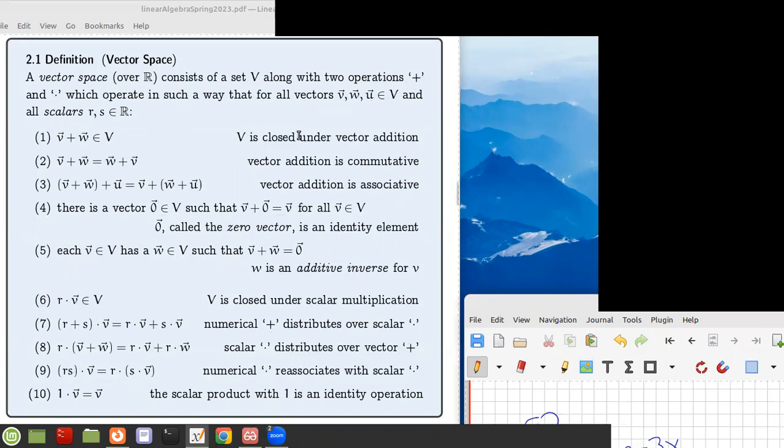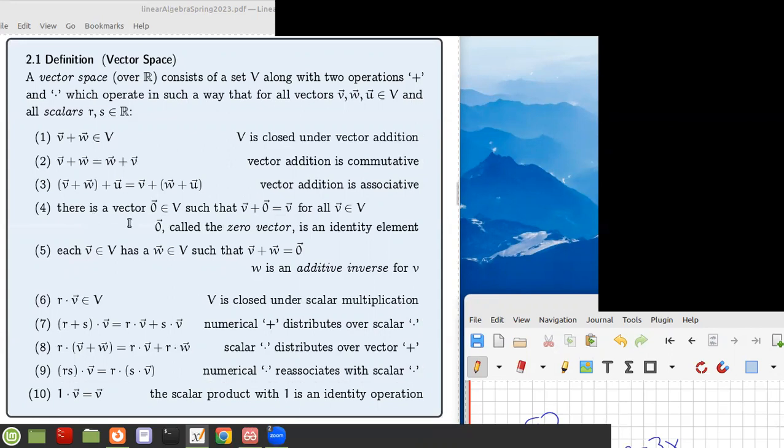That's just V is closed under vector addition. They commute: V plus W is W plus V. It's associative: V plus W plus U equals V plus W plus U. The parentheses don't really matter.